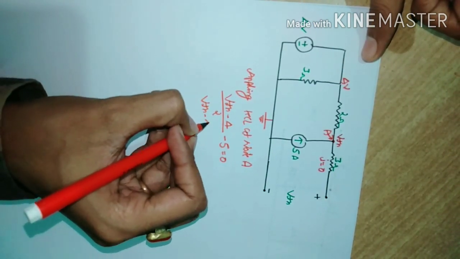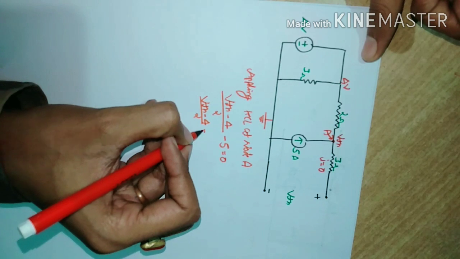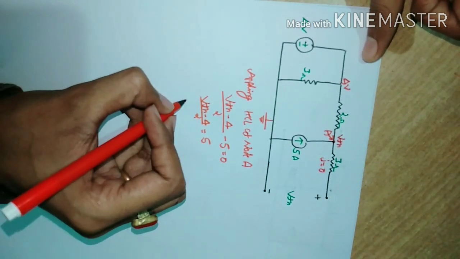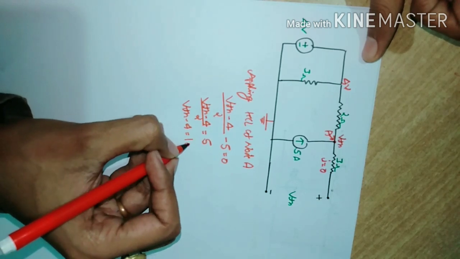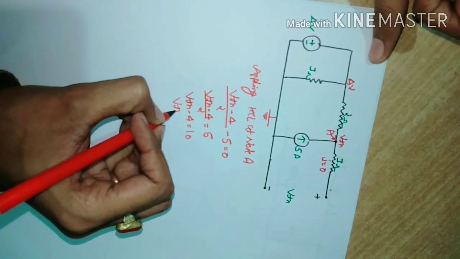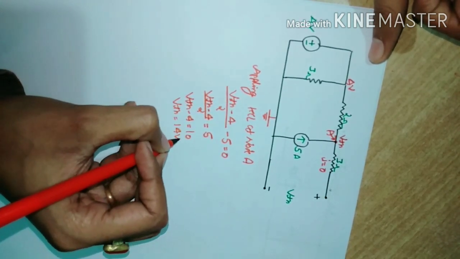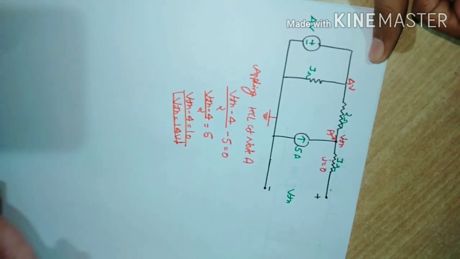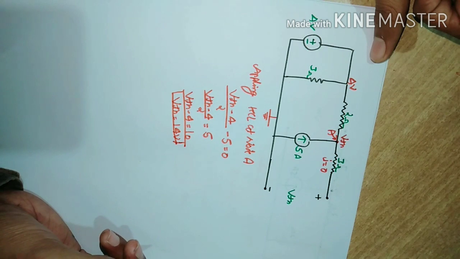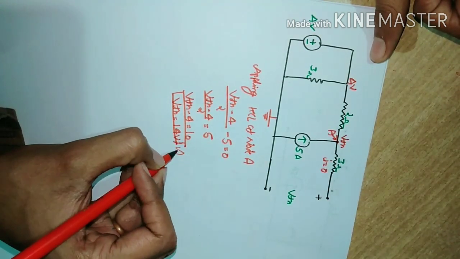VTH minus 4 divided by 2 equals 5. VTH minus 4 equals 10, and we get VTH equal to 14 volt. This is the answer.